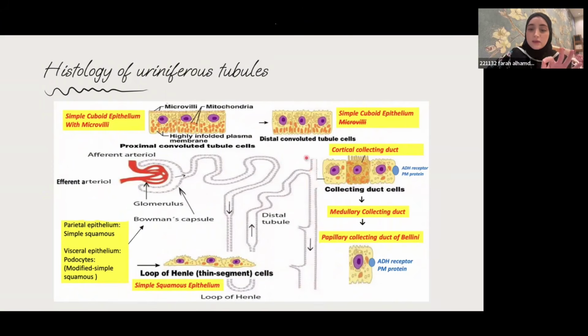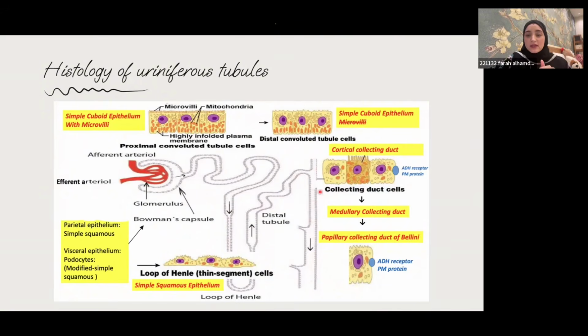And then in the cortical portion of the collecting duct, we would have these cells that are called intercalated cells or dark cells. So you'd have many principal cells and only a few haphazardly placed dark intercalated cells, okay? And in the medullary and the papillary collecting ducts, we only have principal cells or the light cells.